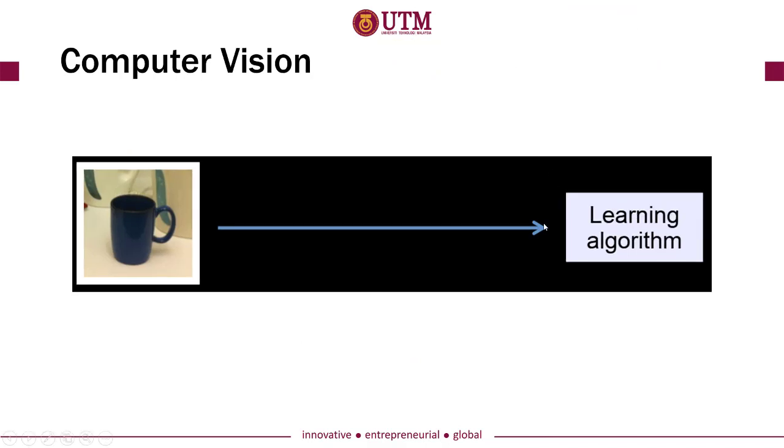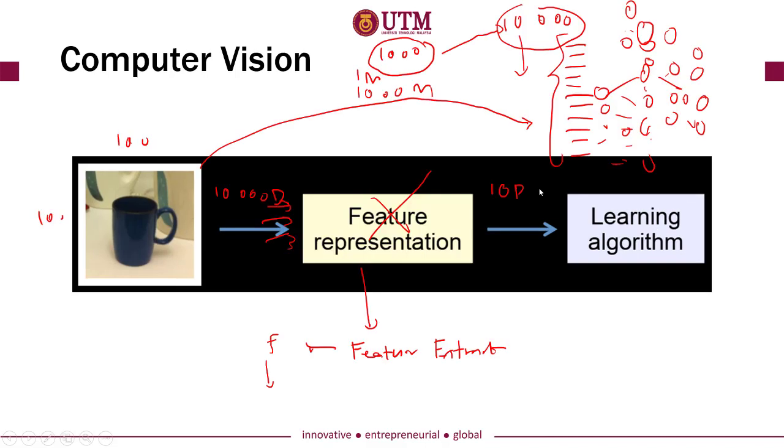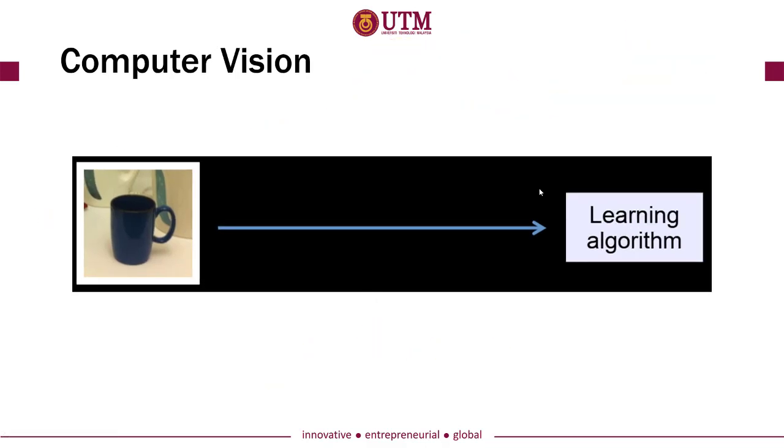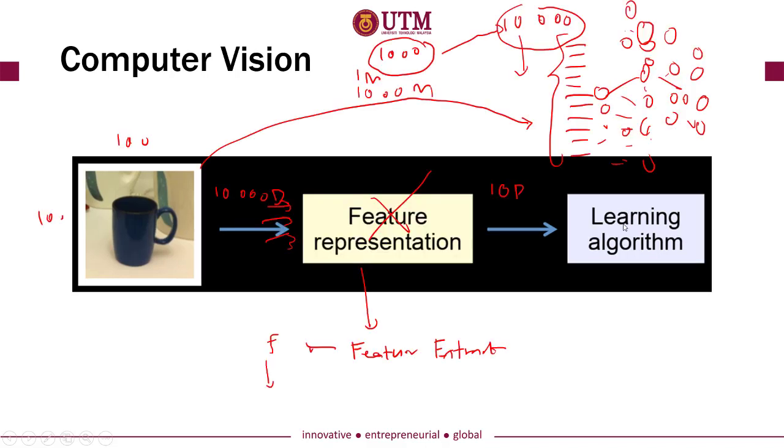So the difference between deep learning and machine learning, if you talk about computer vision, is that in deep learning the raw data, which is the image, is passed through the learning without feature extraction, like I said before.